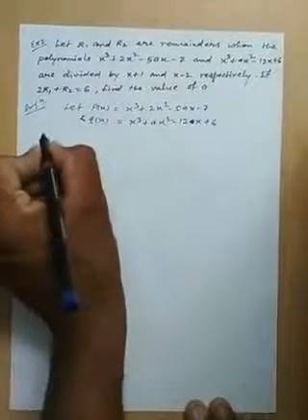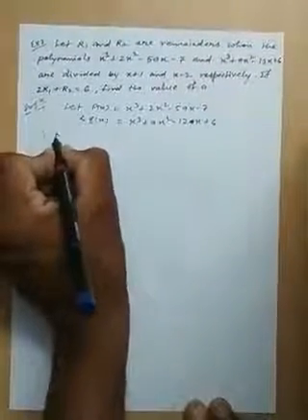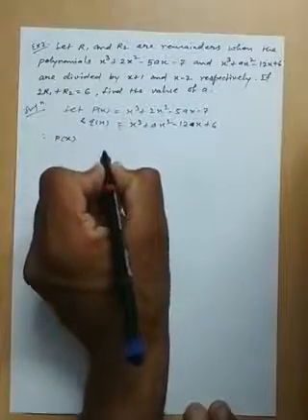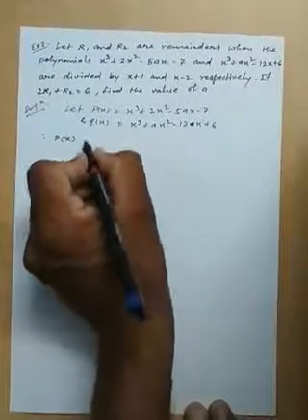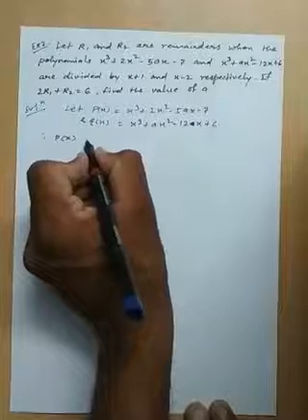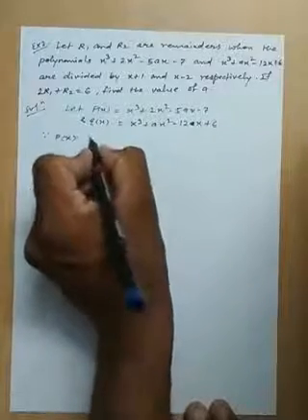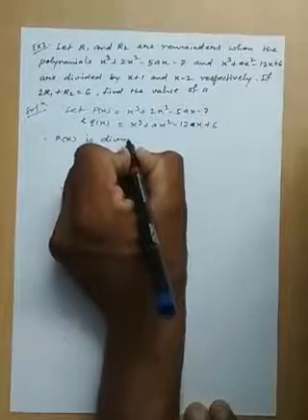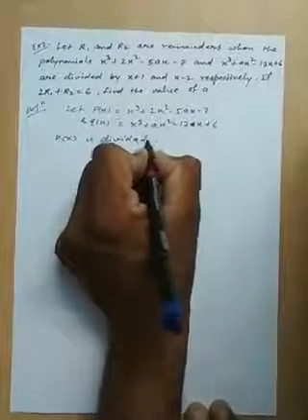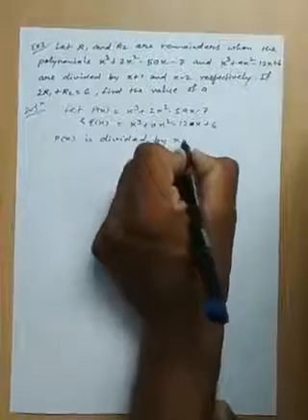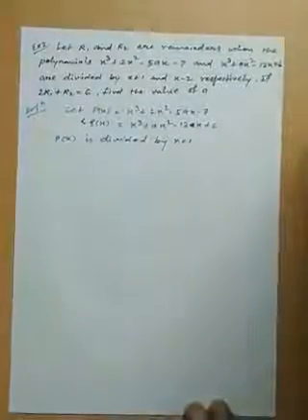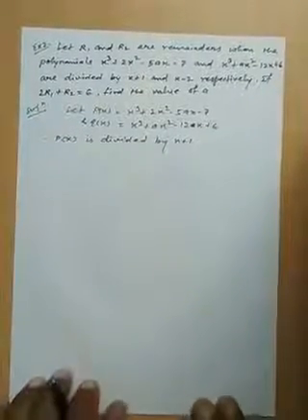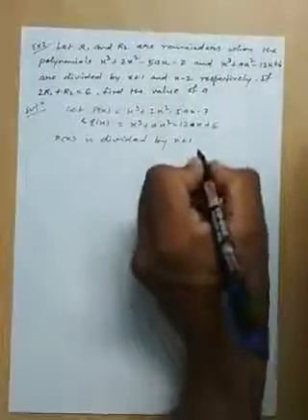Here it is given that Px is divided by x plus 1. So first of all, find the 0.